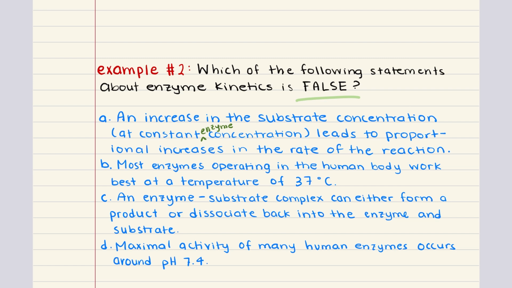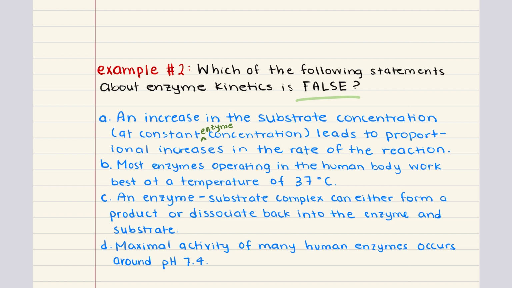In enzyme kinetics, we know that increasing substrate concentration does increase the reaction rate, but only up to a point. When substrate is low, adding more does speed things up because more enzyme active sites are being occupied. However, once the enzyme becomes saturated, meaning every active site is already occupied, adding more substrate doesn't increase the rate any further.